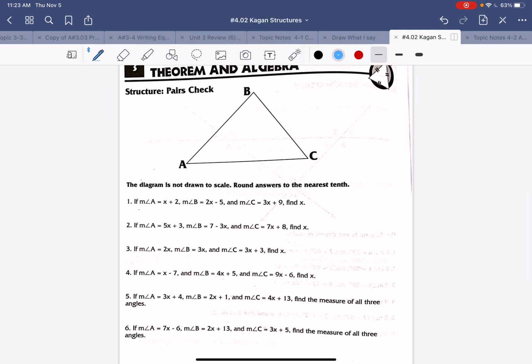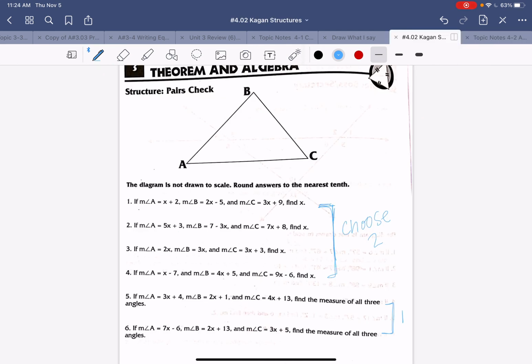I want you to complete number 1 through 4, where you choose 2, and then 5 and 6, where you choose 1. I'm not asking you to upload or submit those.